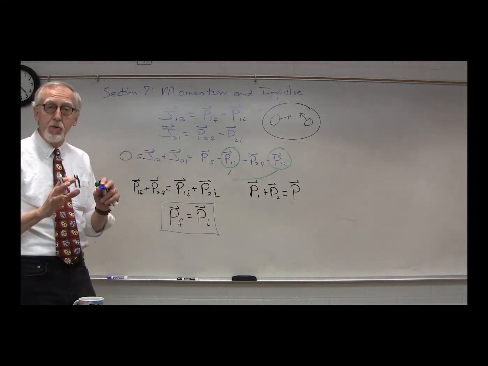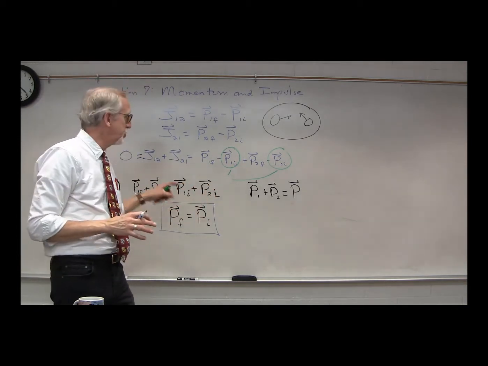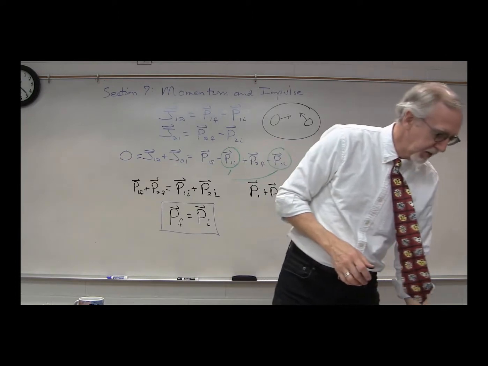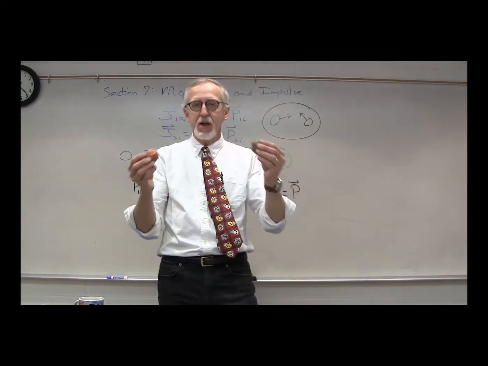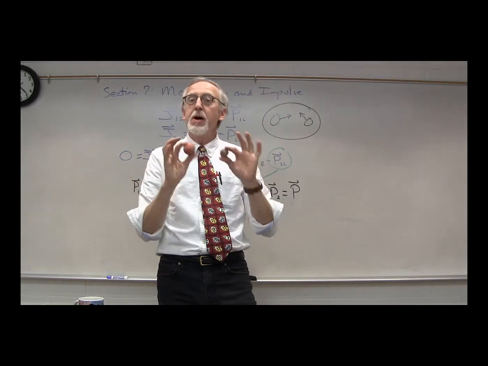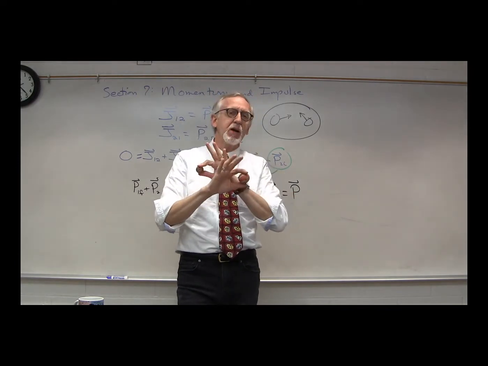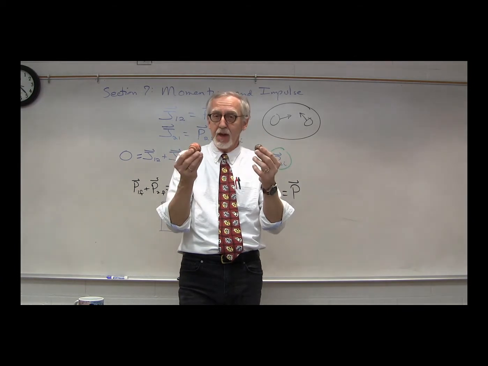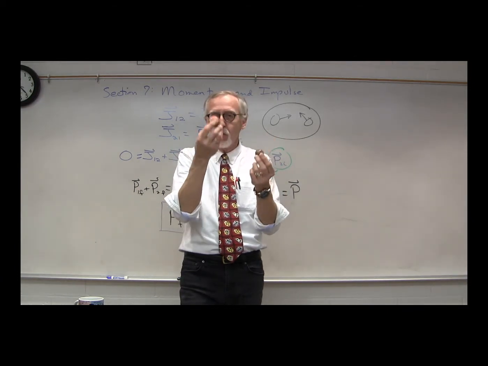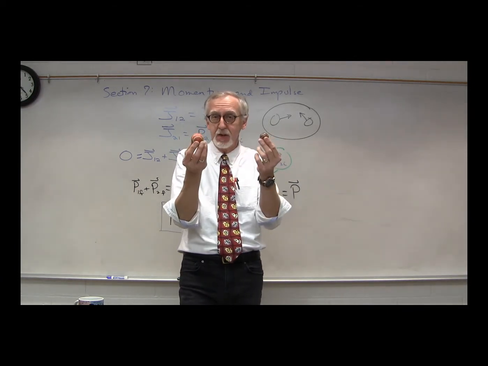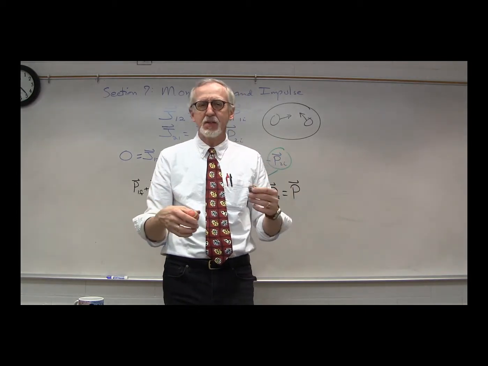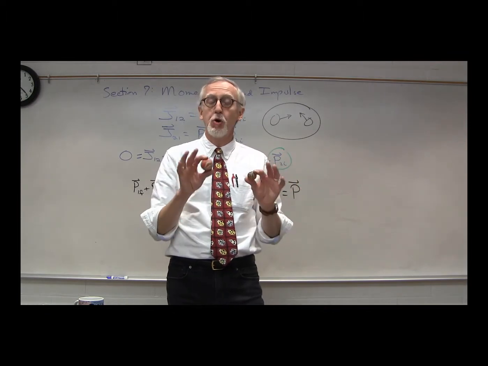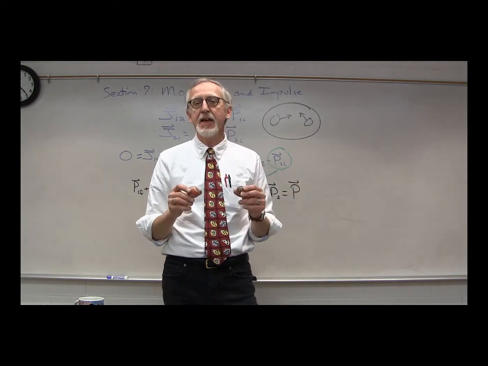Let's go back and remember what kind of assumptions we made in order to get here. We are talking about two objects that are colliding together, but we had to make the assumption that we were ignoring all other forces acting on the objects other than the interacting forces, so whatever forces each object exerts on the other. We had to ignore anything else, like the gravity of the Earth or air resistance or anything like that. So we call that an isolated system.